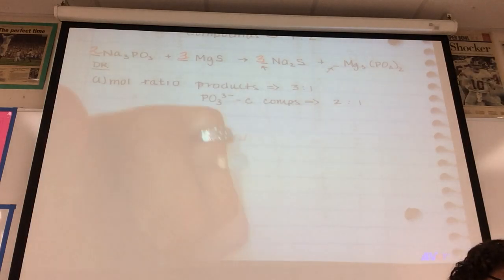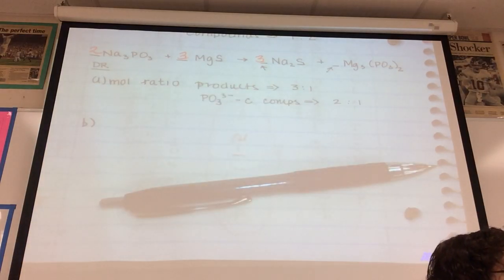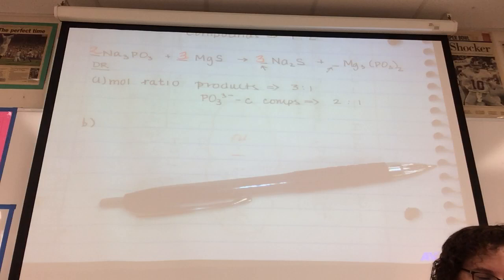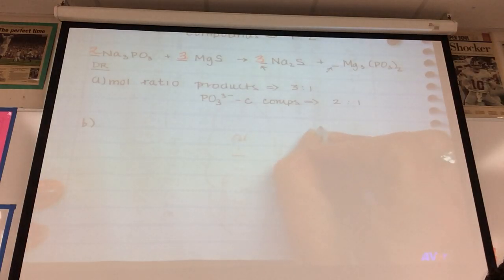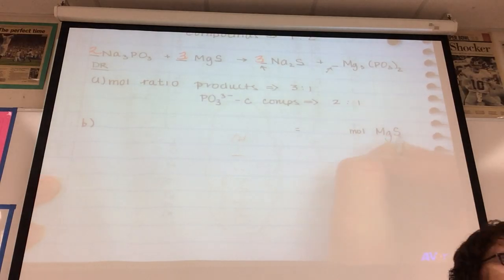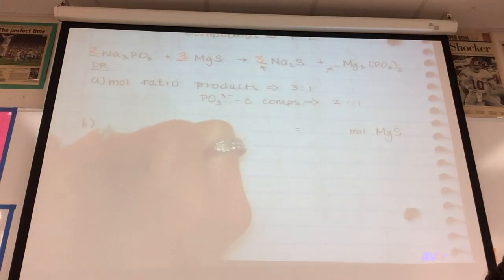Here comes the new piece of the puzzle. It says how many moles of magnesium sulfide, that's what we're looking for. It's going to the right. How many moles of magnesium sulfide should react with 4 moles of sodium phosphate?